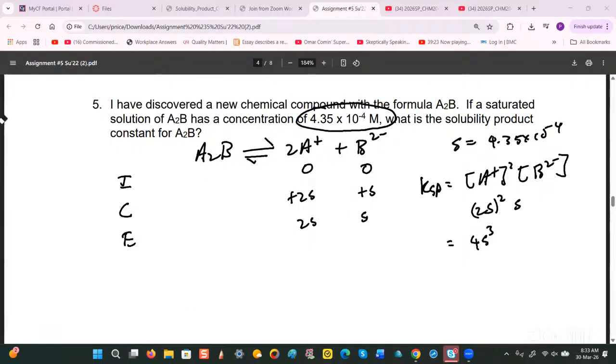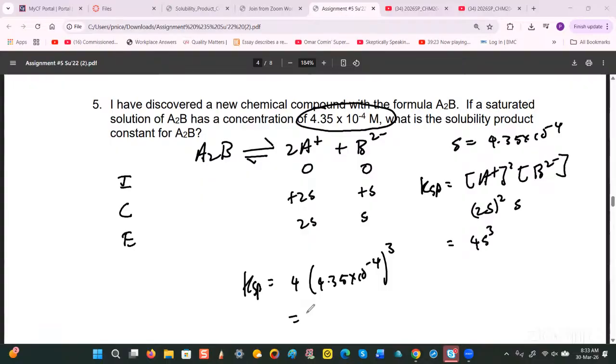So therefore, Ksp is equal to 4 times S cubed. S is equal to 4.35 times 10 to the minus 4, cubed. And that's it. So let's see what this gives. 4.35 times 10 to the minus 4. Then we do the cube, and then we multiply by 4.